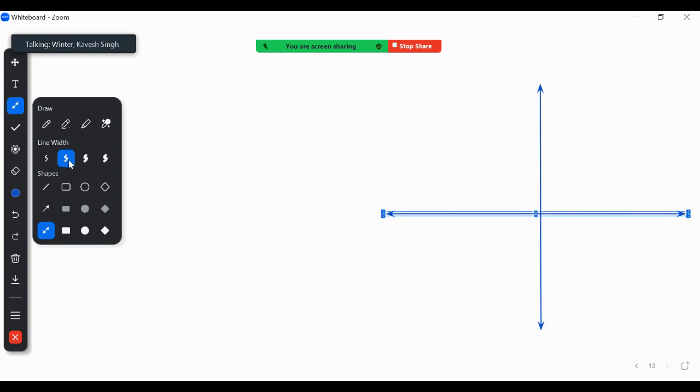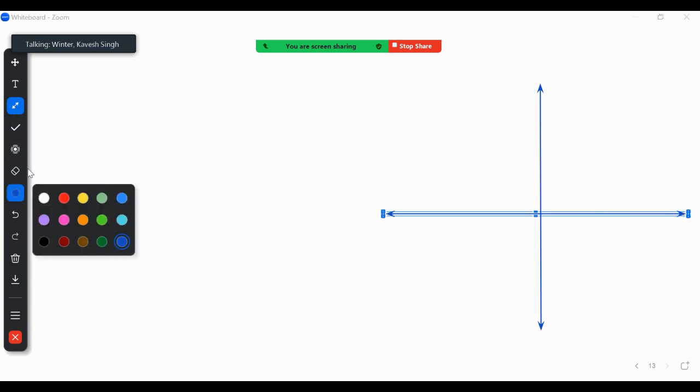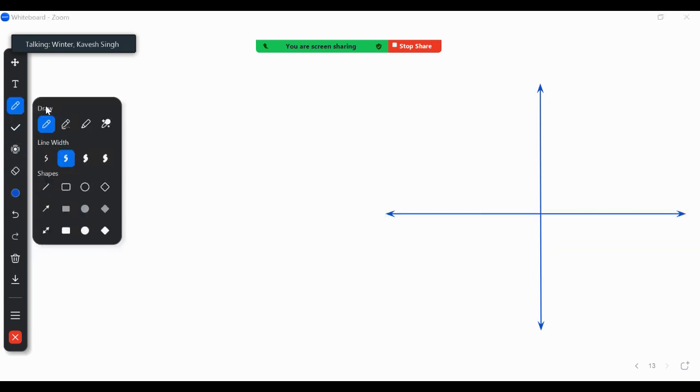The next one's going to be a slightly different one. It's going to be sad faced, and it's going to have a turning point over here, which is, let's say, 1 and 5.